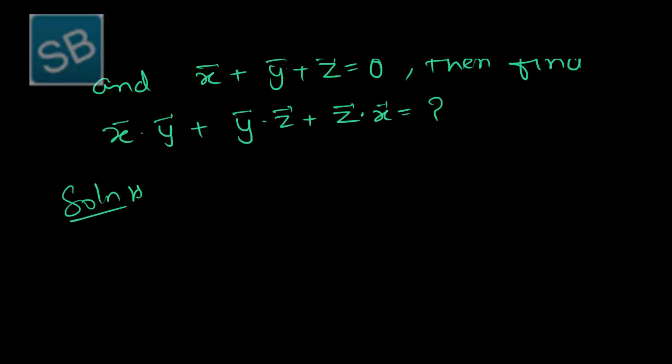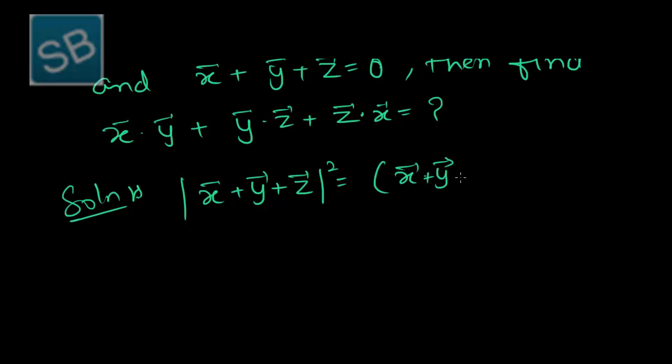as we have magnitude x, magnitude y, magnitude z and x plus y plus z is equal to 0, we take vector x plus vector y plus vector z whole square. That is (vector x plus vector y plus vector z) into (vector x plus vector y plus vector z). That is, mod x square is equal to x dot x, we know that.